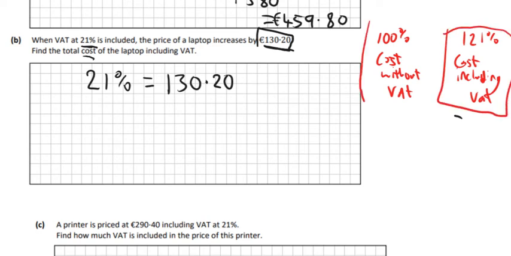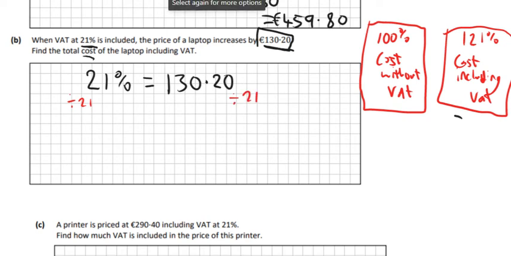What we want ultimately is 121%. So if we divide by 21 on both sides, that'll find out what 1% is. The trick here always is to find out what 1% is.